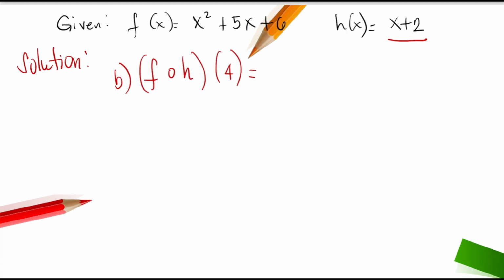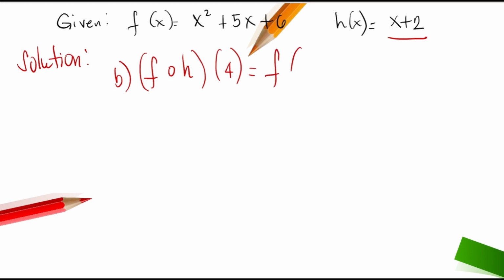Now, problem letter B. For our solution, the composition of f and h of 4, or (f∘h)(4), is equal to f(h(4)). Now, it means in the function h(x), which is equal to x + 2, let us replace x equal to 4.